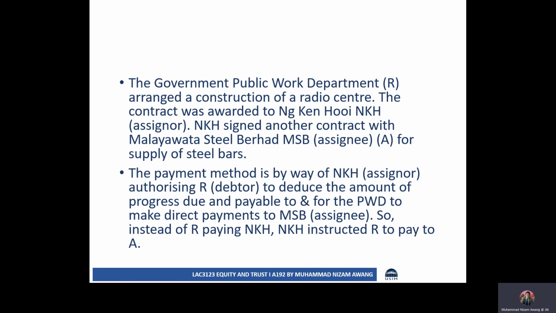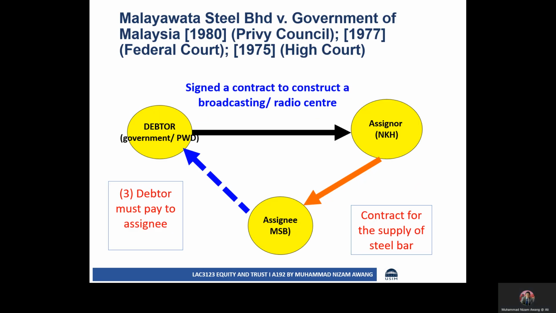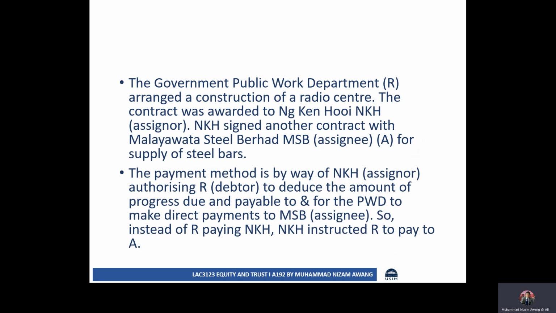So if you can remember, this is basically the diagram, okay? The payment method here is by way of assignment, when NKH authorized the government of Malaysia to deduct the amount of progress payment due and payable, through the Public Works Department, to make direct payments to MSB.